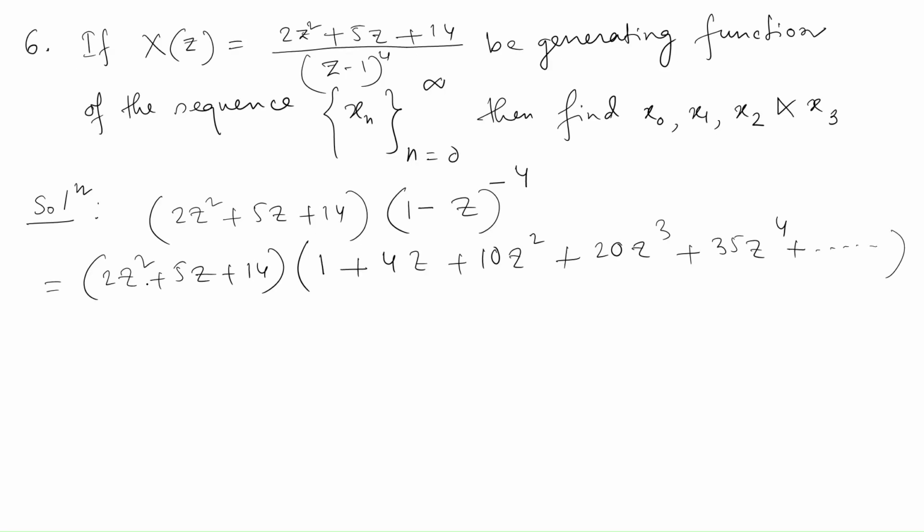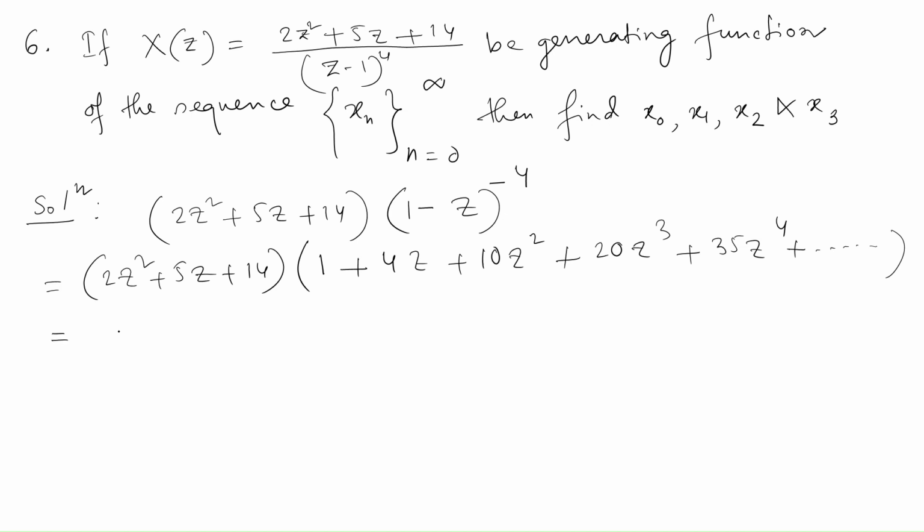You look that we have to find x0, x1, x2 and x3. So we will not go beyond z cube. If we get more than z cube, we will discard that. Let us first multiply with 14 because here the power of z is 0.